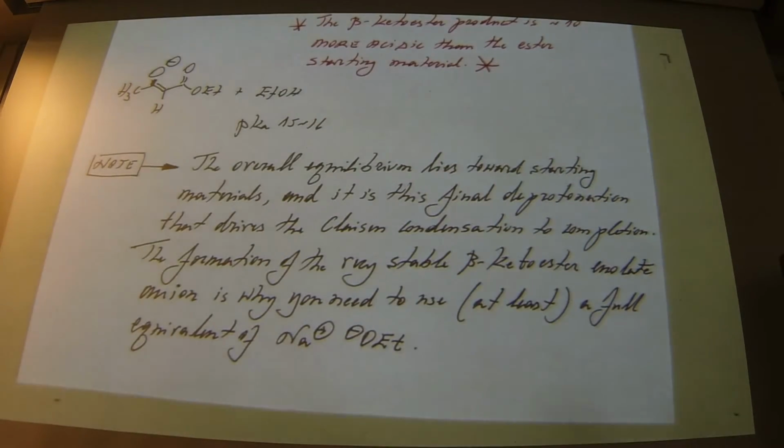The overall equilibrium favors the starting materials, and it's only the irreversible formation of the enolate of the beta ketoester that enables this process to go to completion. And so that's why you need a full equivalent of sodium ethoxide.